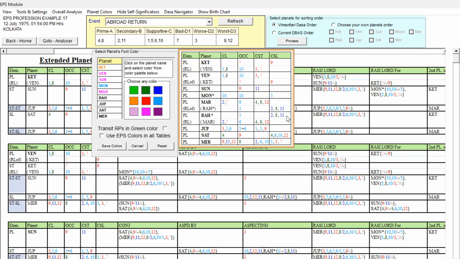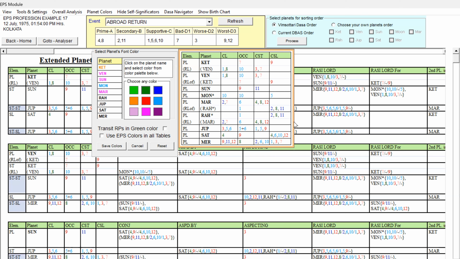So 1 and 11 sublord can favor travel abroad also, if it is influenced by the favorable key planets. In other words, Lagna significator, especially Rahu, being the Lagna occupant, if it is influenced by the 9th house, 12th house, Jupiter, because the favorable key planet for travel abroad, and Mercury, if they are all influencing this Rahu, then Rahu can support travel abroad also.